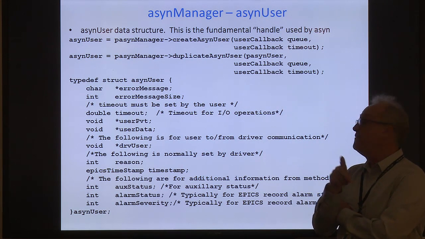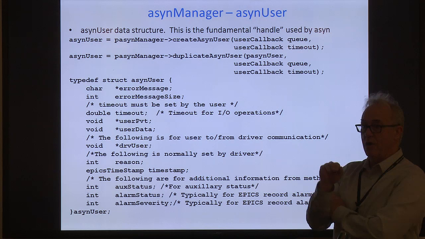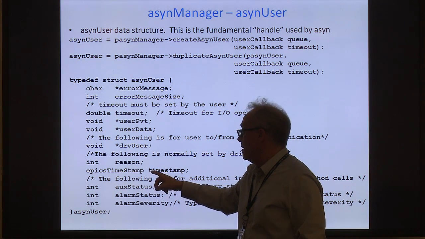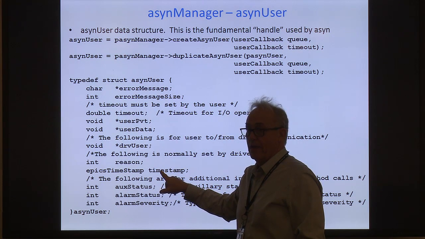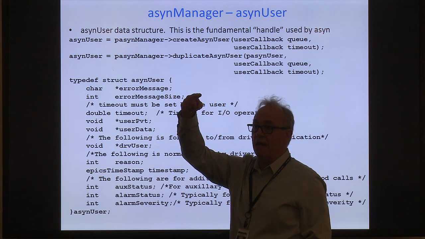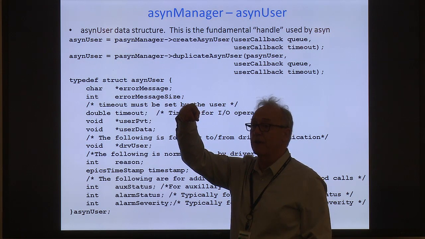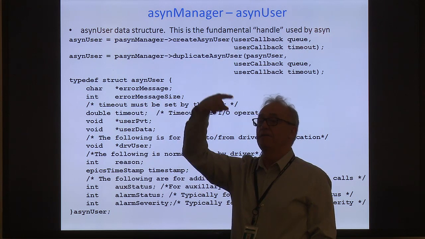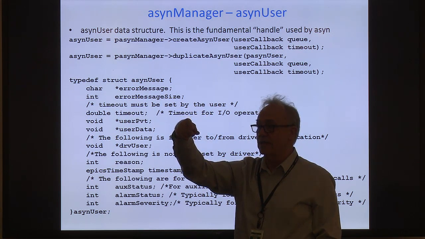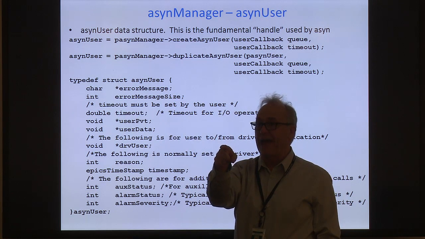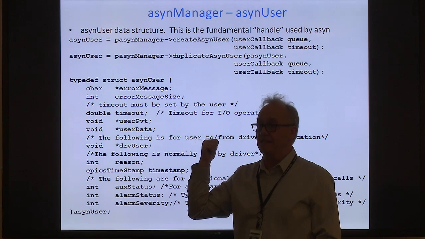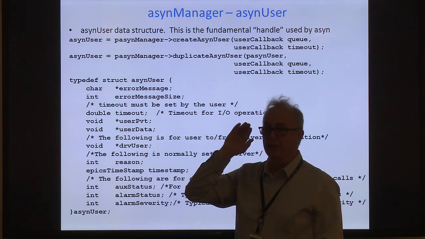Every time the standard device support processes, it copies this timestamp value into the timestamp field of the record. That will be replaced by the time the record actually processed, unless you set the flag in the record that says use the device timestamp. I forget what that field is called.